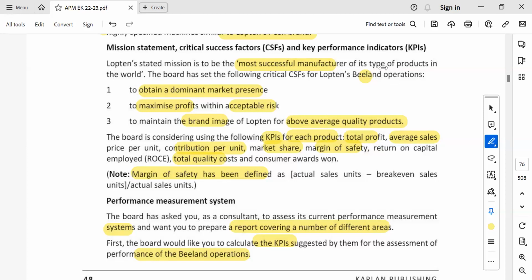Is it specifically mentioned in the scenario, the exchange rates? Anywhere in the scenario that you could find the exchange rates?